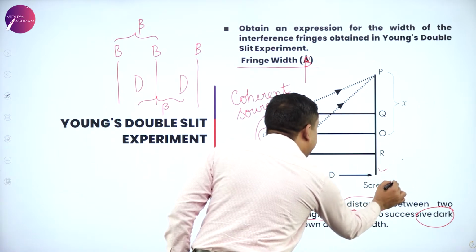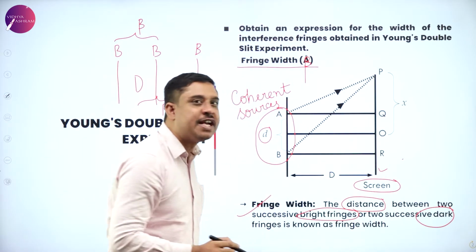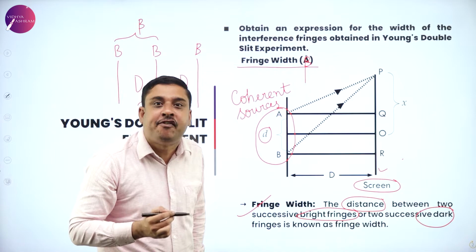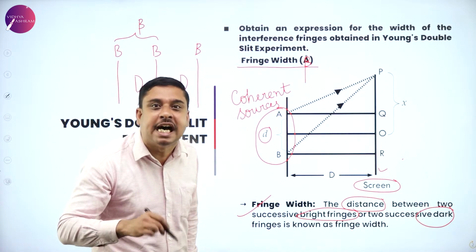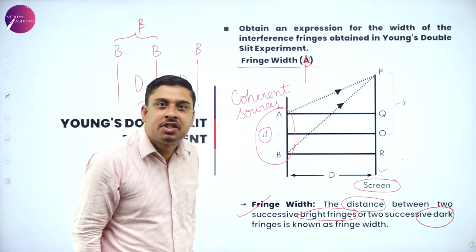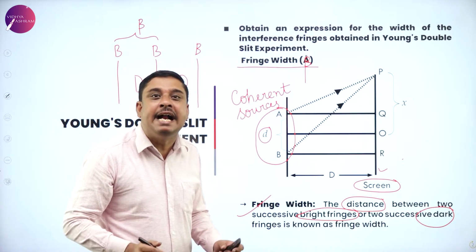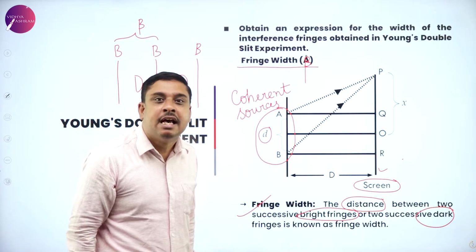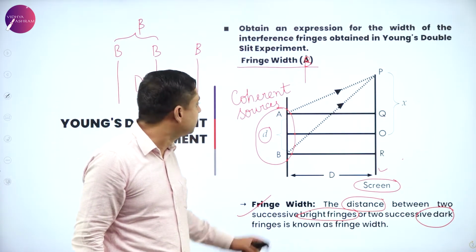This is the screen on which the interference pattern is observed, the screen on which the bright and dark fringes are observed.